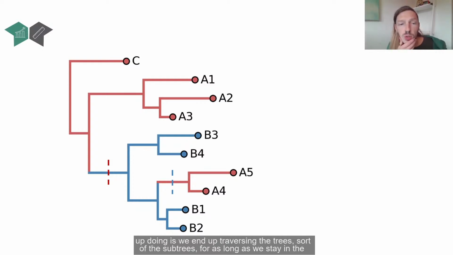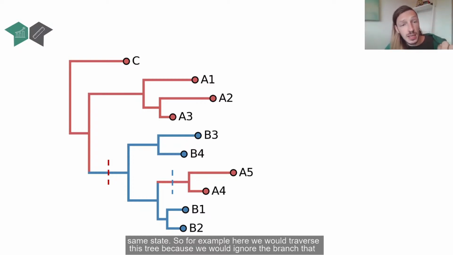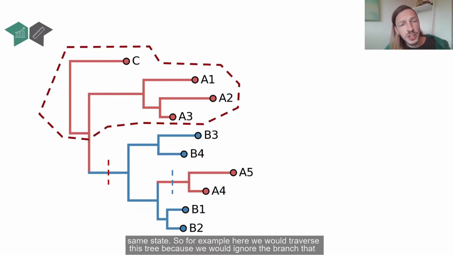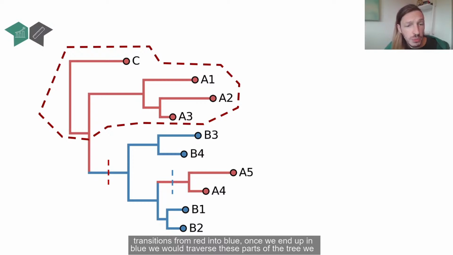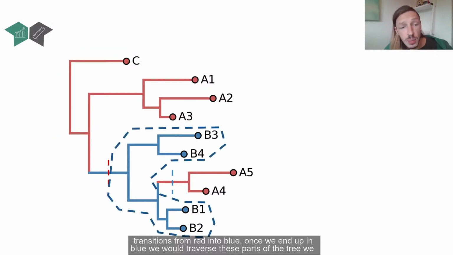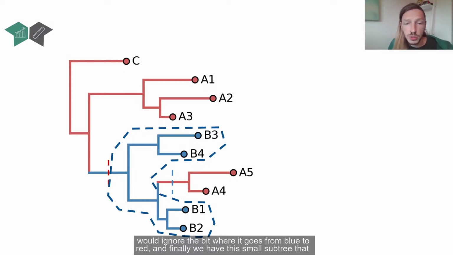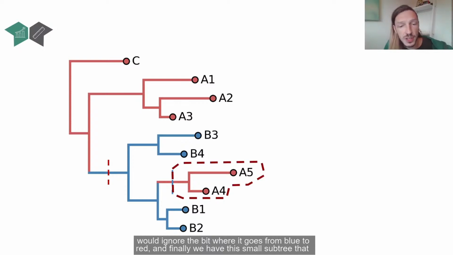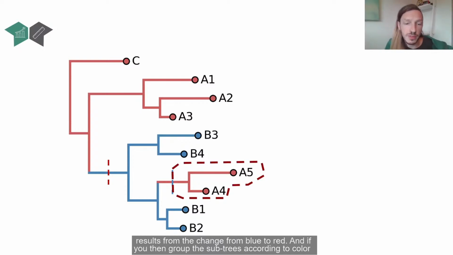And what we end up doing is we end up traversing the trees, sort of the subtrees, for as long as we stay in the same state. So for example, here we would traverse this tree because we would ignore the branch that transitions from red into blue. Once we end up in blue, we would traverse these parts of the tree. We would ignore the bit where it goes from blue to red. And finally, we have this small subtree that results from the change from blue to red.